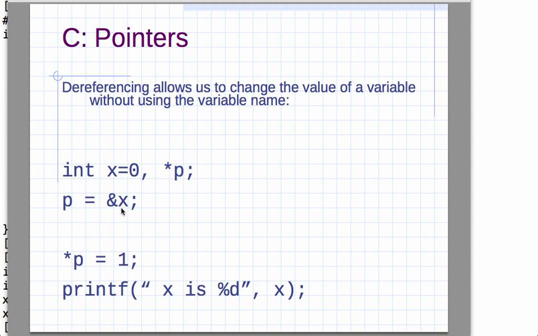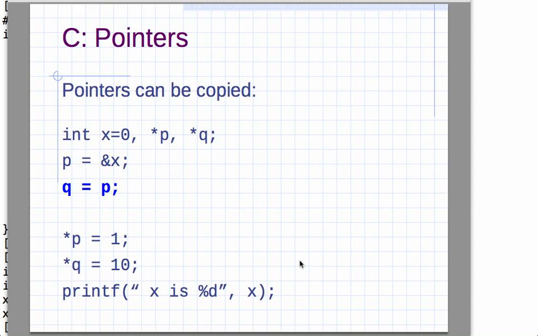Have it point to this variable x, and then if you change star p, we see that the x changes. So I hope that makes sense. Hope you're able to figure out how this works, because this kind of pointer manipulation is something that we will see a lot of in C programs.